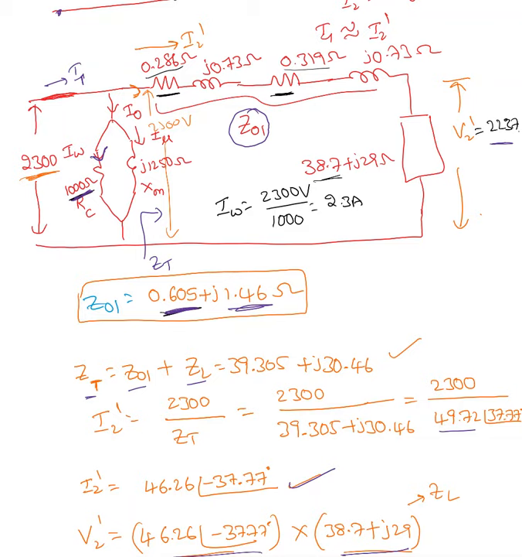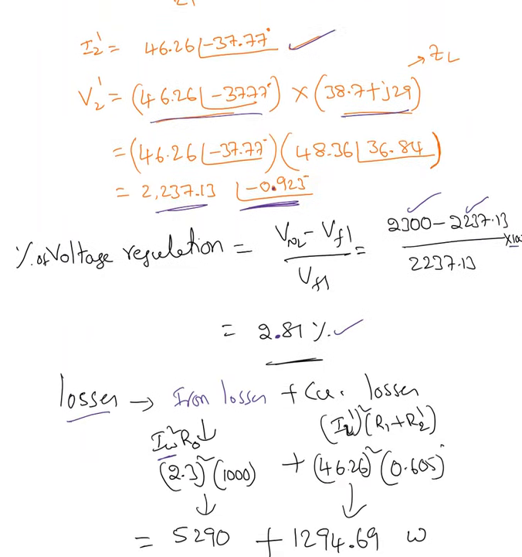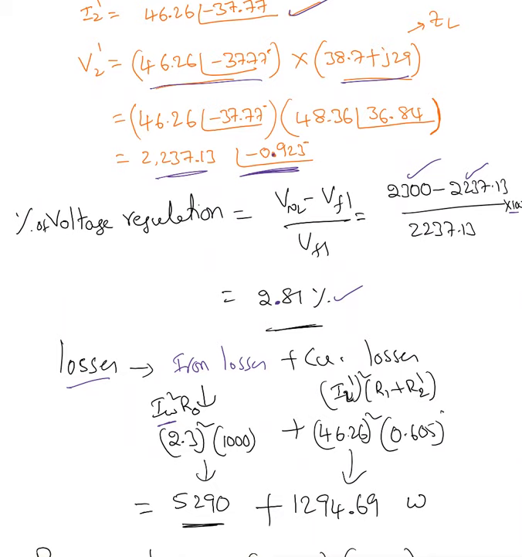I can find IW since it's a parallel circuit with the source: 2300 divided by 1000, which is 2.3 amperes. So the core iron losses, also called core losses, equal 2.3 squared times 1000, which is 5290 watts.